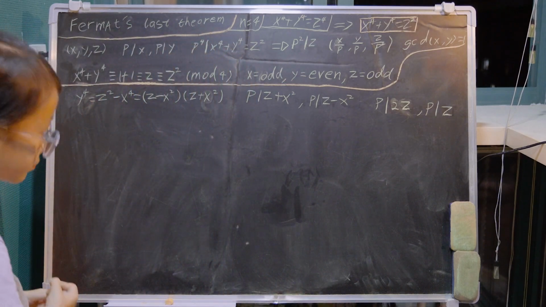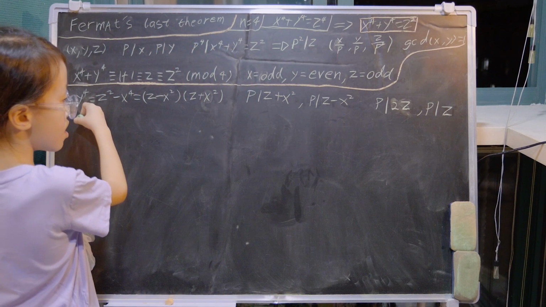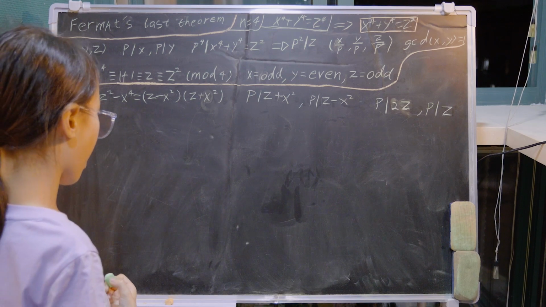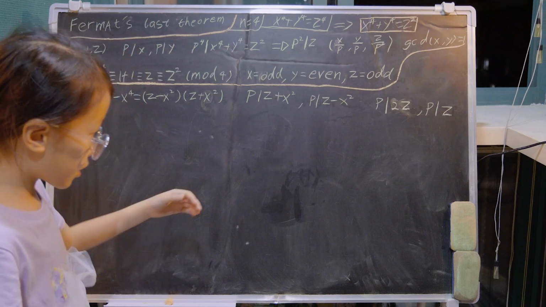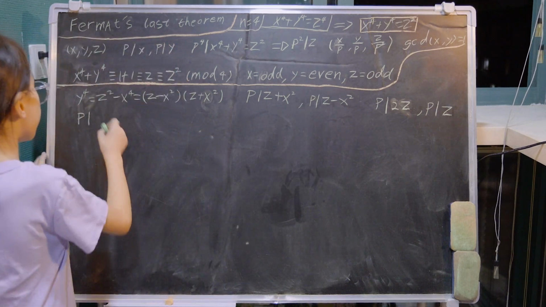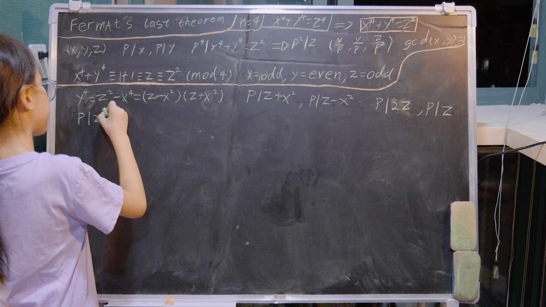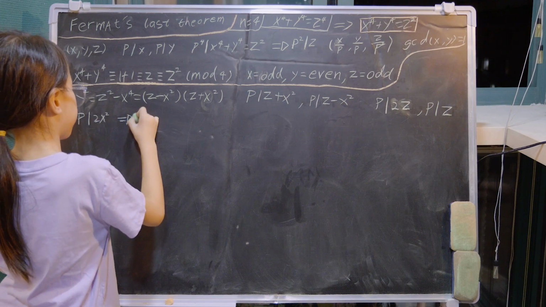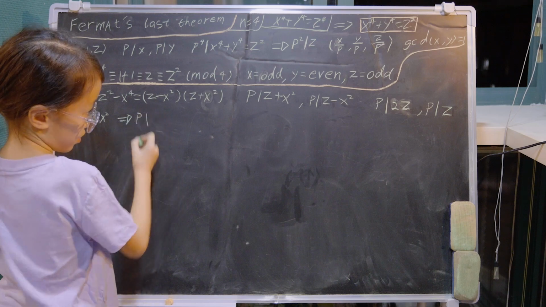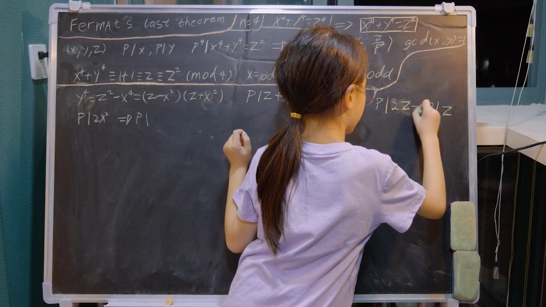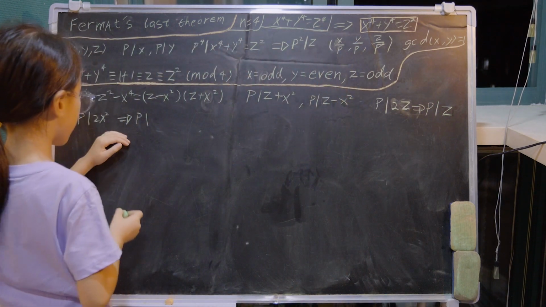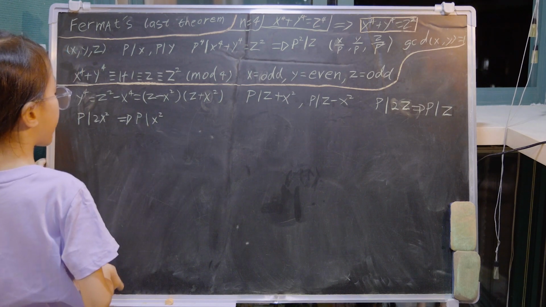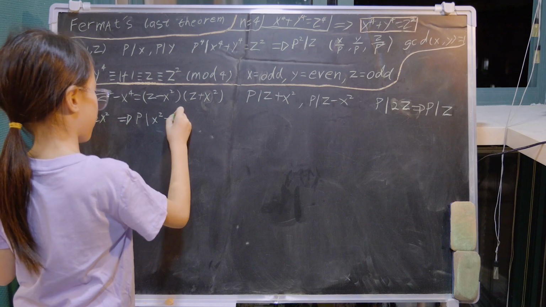Of course, p is also a divisor of the difference of these two parts. So p is a divisor of 2x squared. And that tells us p is a divisor of x squared.